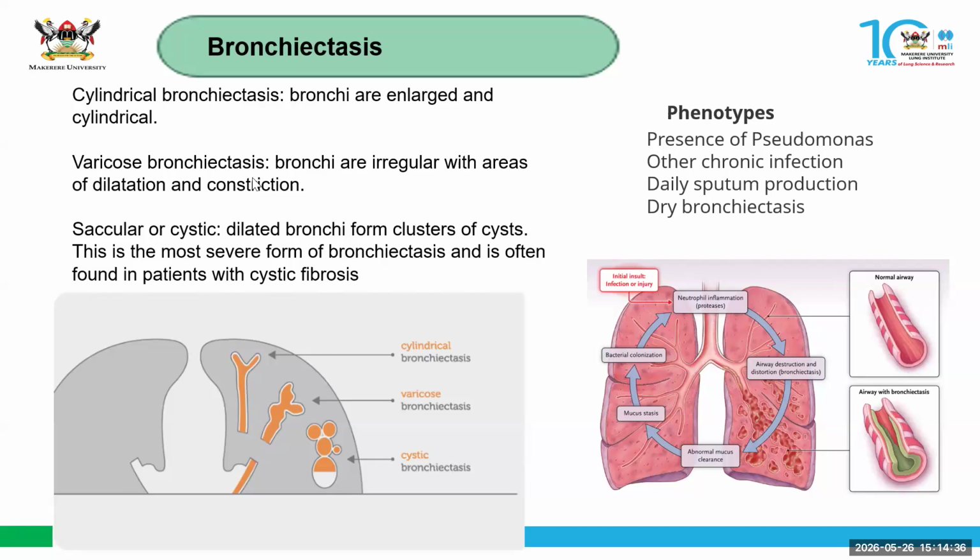This may give us phenotypes such as dry bronchiectasis, where we have actual evidence, but symptom-wise, we're not having sufficient sputum production.